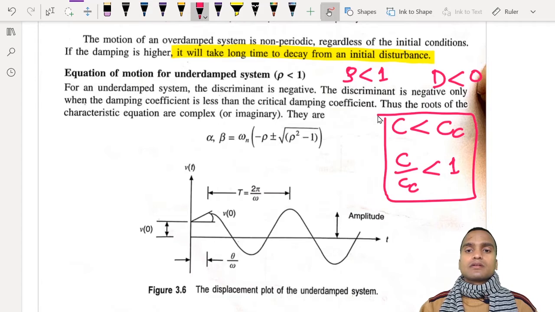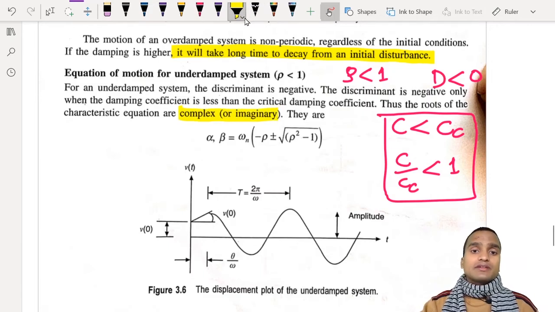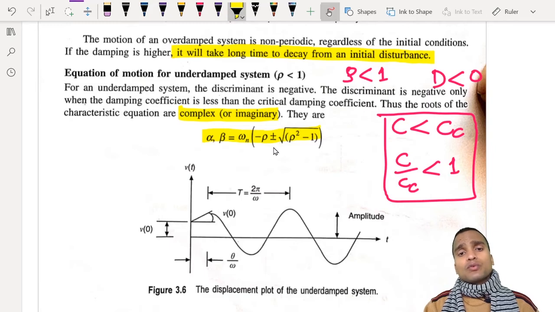All right. So thus the roots of the characteristic equation are going to be complex or imaginary, and we can write here simply, as we have done in the previous situation, that alpha and beta will be omega n times minus rho plus minus root under rho square minus 1.